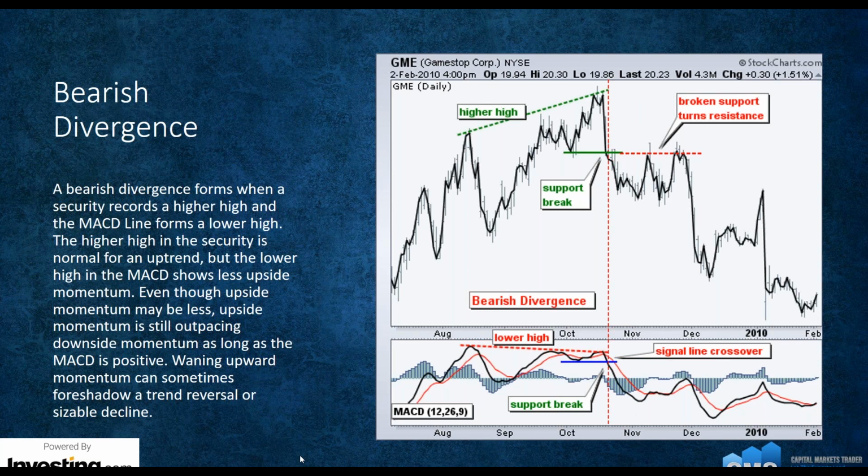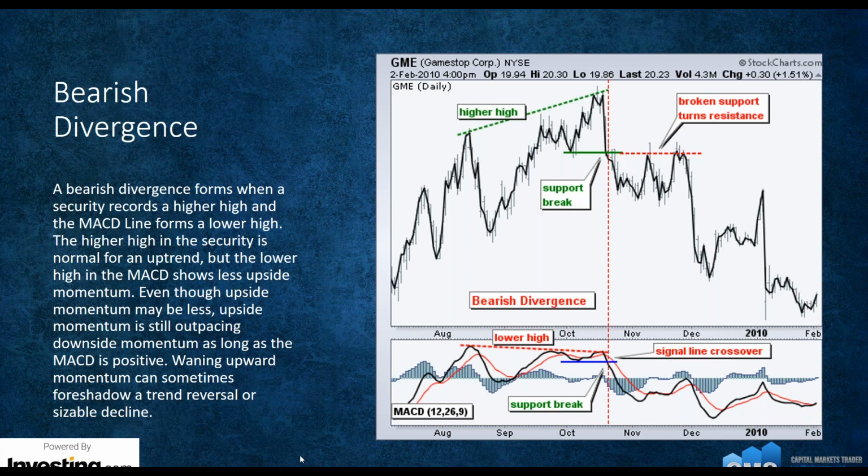But if you do a simple search of the internet for MACD, and use MACD Forex, and don't read anybody else's strategy, learn and read about how to use MACD. And you'll find all of this. A bearish divergence forms when a security records higher highs and the MACD line forms lower highs.